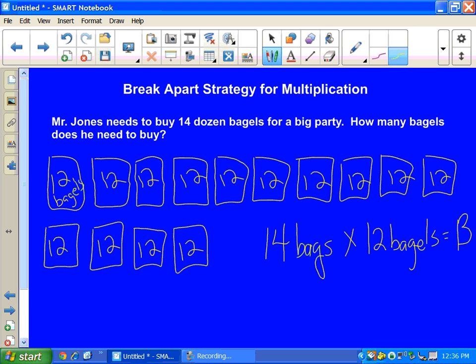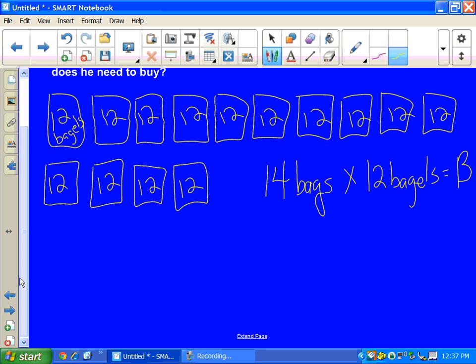Now, 14 groups of 12, or 14 times 12, is not one of our multiplication facts or combinations that we should automatically know. So we need to find a way to count all these bagels in an efficient way without having to count each and every one, or add all of these 12s up together, which we could.